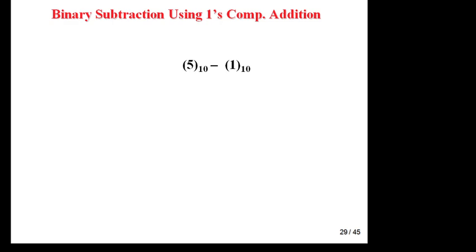And the second case, if a is less than b, again take 2's complement of b and add this to a. In this case carry is not generated, and again take 2's complement of that, and that will be the final answer. Also put a minus sign.